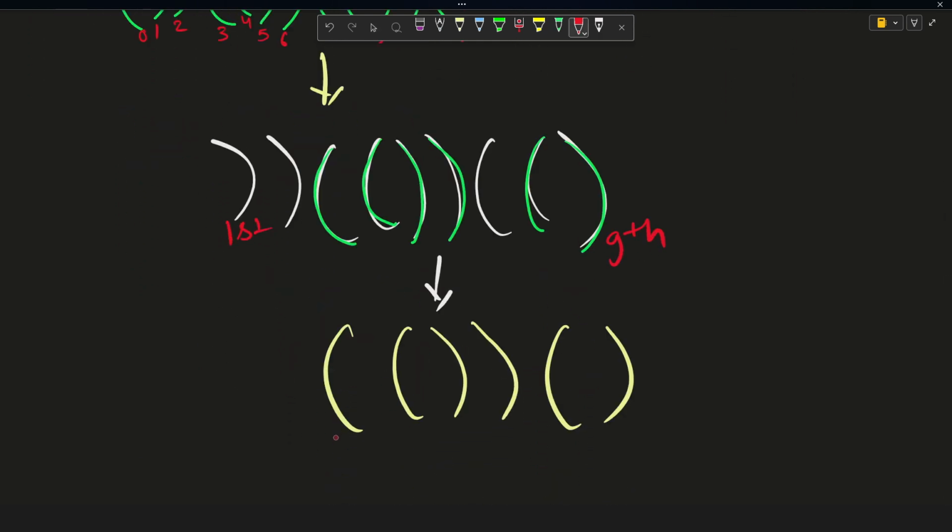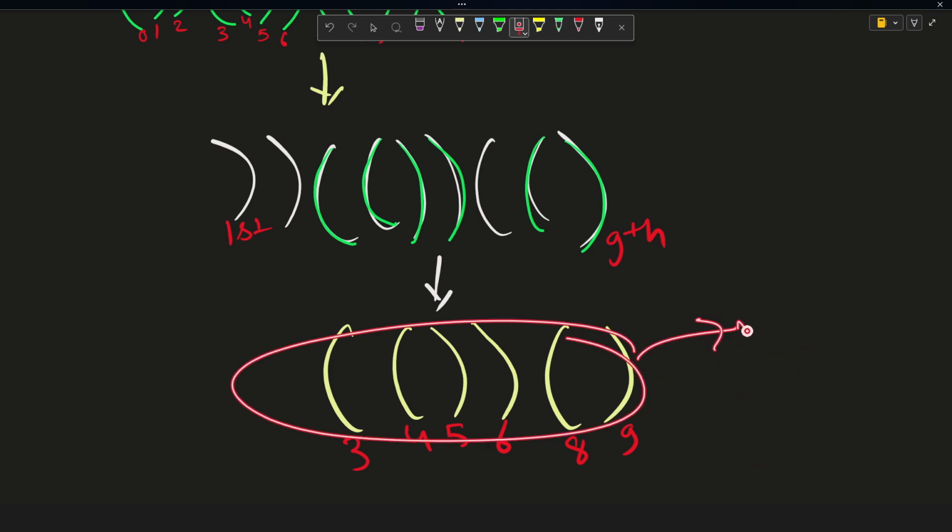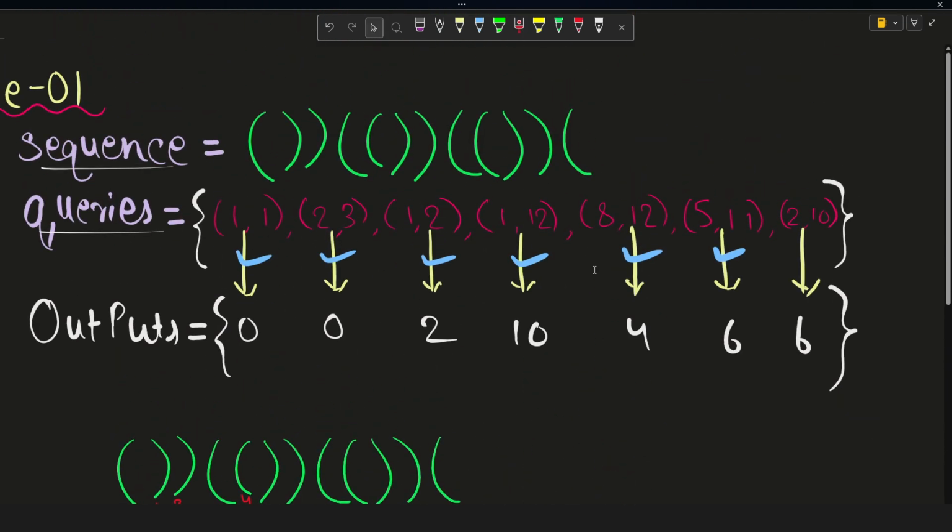But here if I try to mark the indexes in the result string, then this is actually my third bracket, this is my fourth, this is fifth, this is sixth, this is eighth, and then this is ninth. And clearly visible that the length of the longest correct bracket subsequence for this query, that is of this part, is what? It is 6.